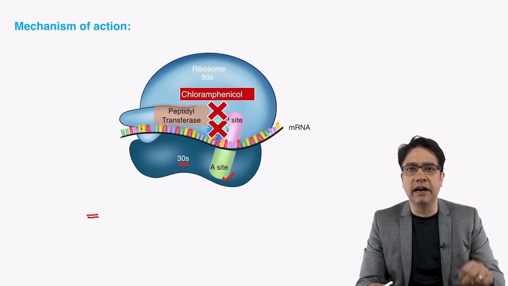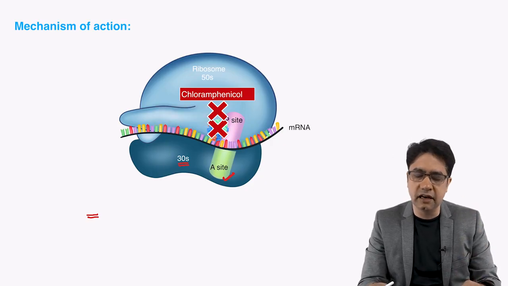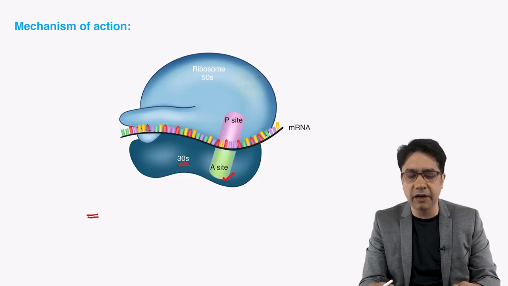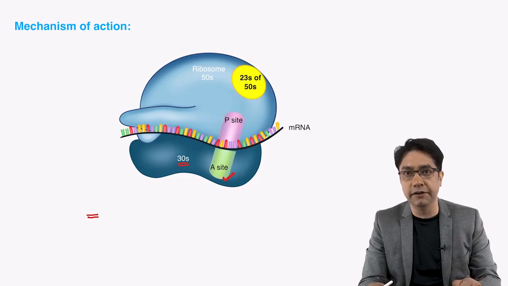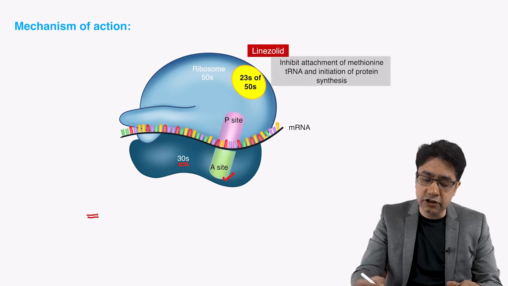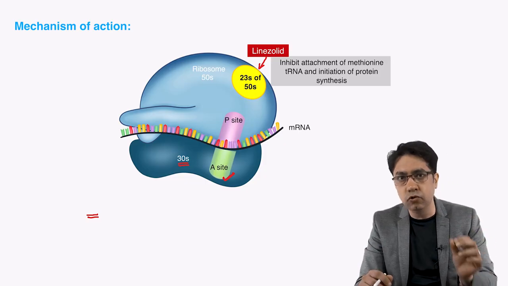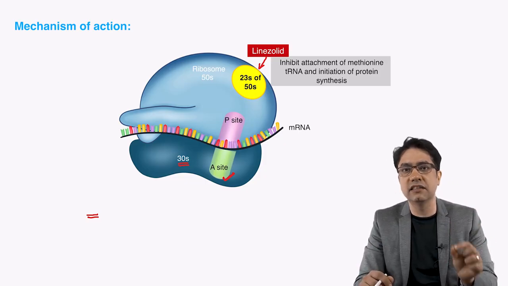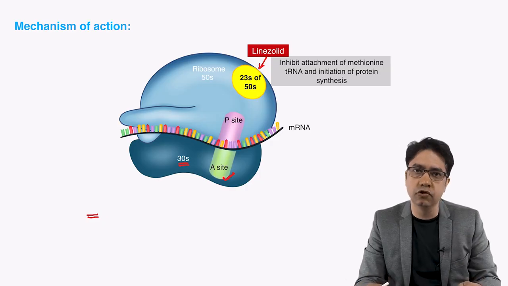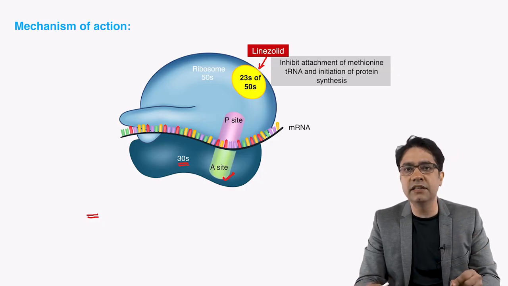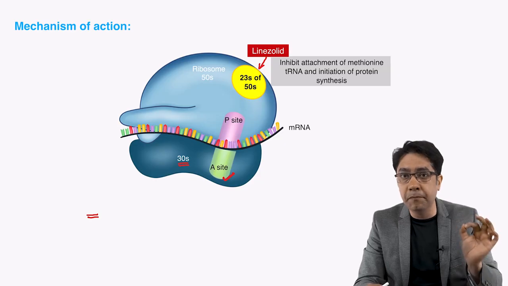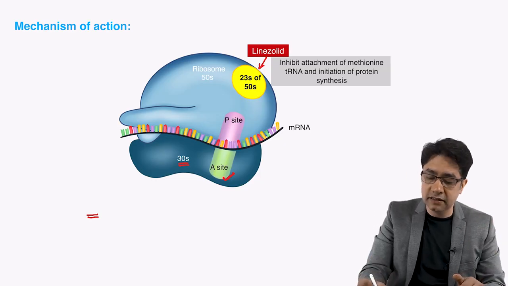Now there are two more antibiotics. The first is a very unique antimicrobial drug, linezolid. Linezolid attaches to a very unique site of 50S. It attaches to the 23S subunit of the 50S ribosome and it inhibits the attachment of methionine tRNA. Sir, what is the importance of methionine tRNA?